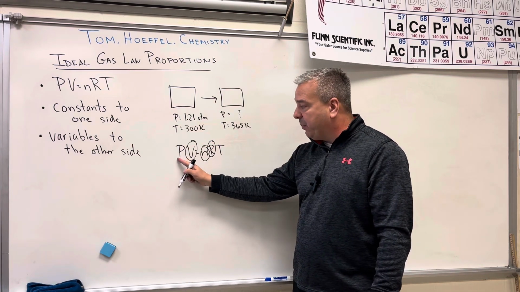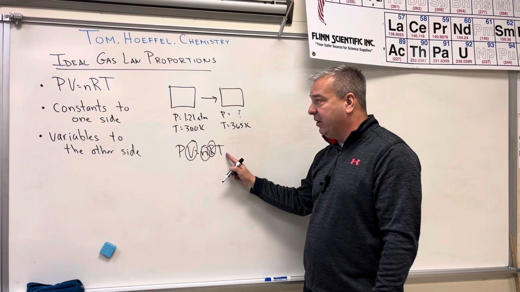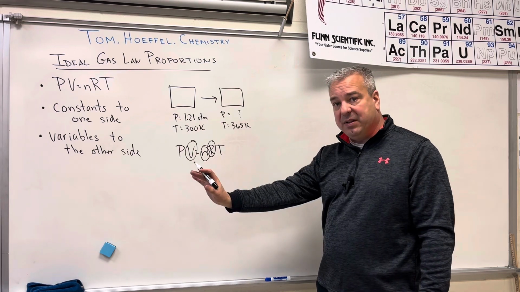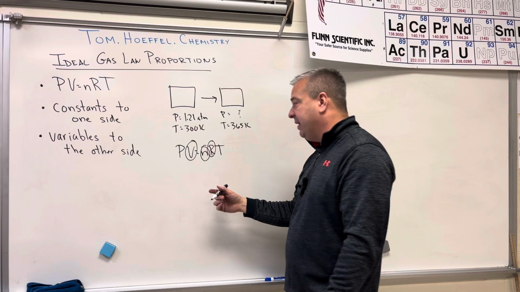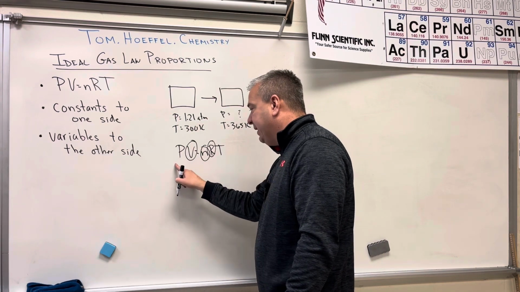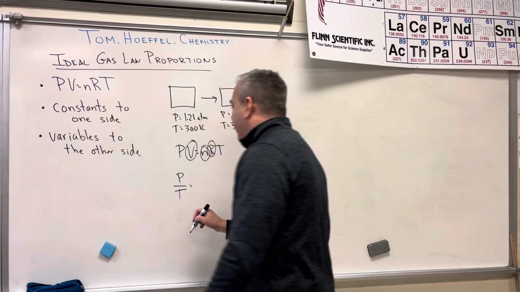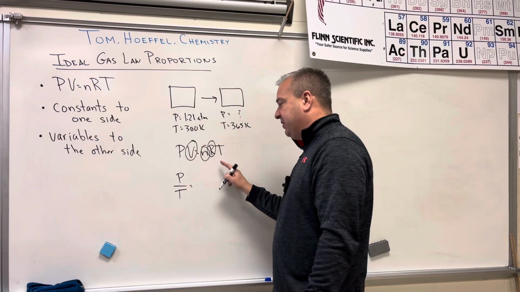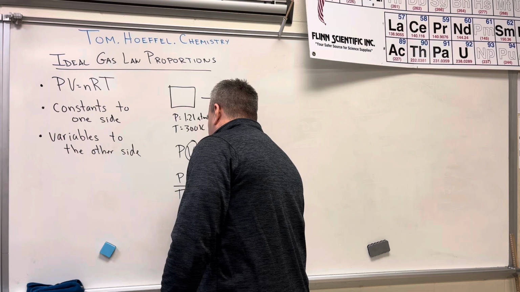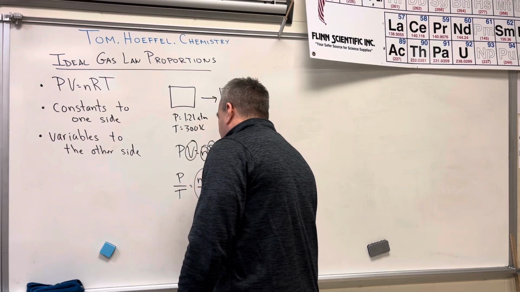This is simply a proportion between pressure and temperature. So I'm going to put all the constants on one side and all the variables on the other side. I'm going to bring the T over here, so it's going to be P divided by T. And I'm going to bring the V to the other side so that I have all of my constants on one side.